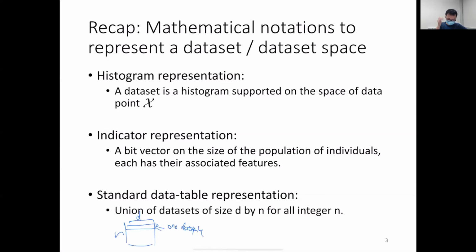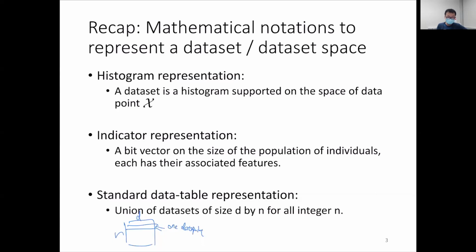This is a standard data table representation, and you can represent it by an n by d matrix.